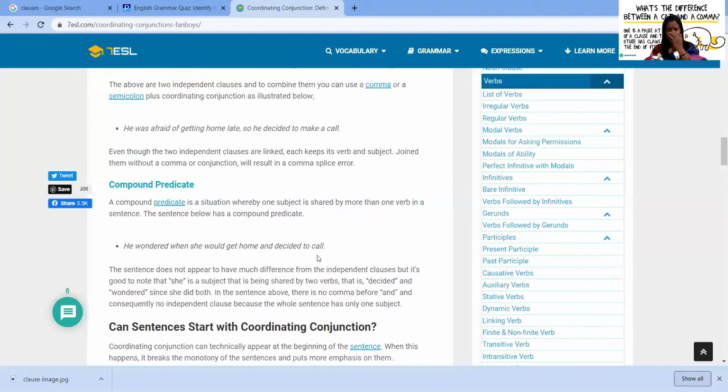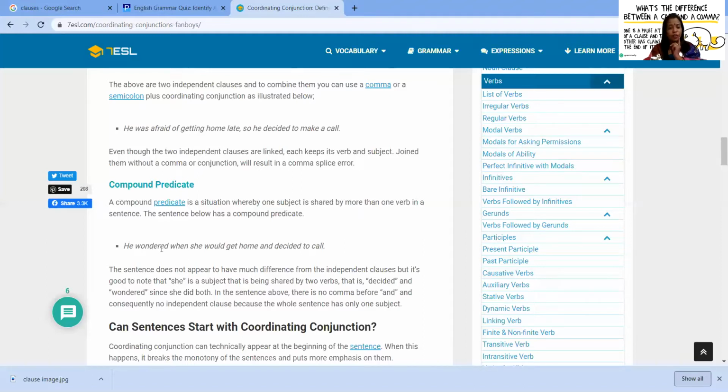Now this sentence does not appear to have much difference from the independent clauses. But in this, we have to note that she is the subject, which is being shared by two verbs.